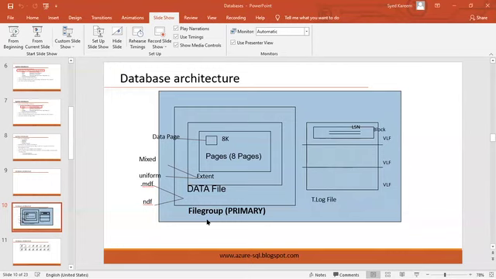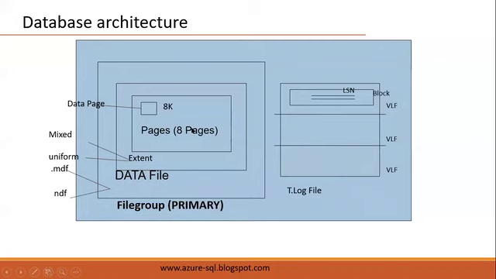We have already seen the transaction log file. Every change made to the database, every insert, update, or delete, is first recorded in what? The transaction log file. Then, after some time, those changes are written into the data file permanently.